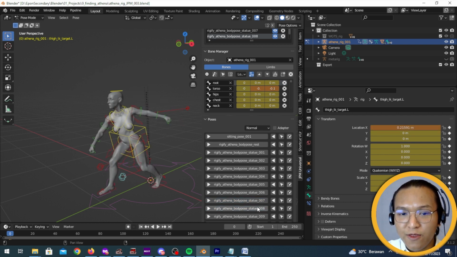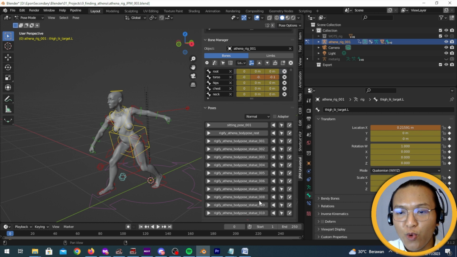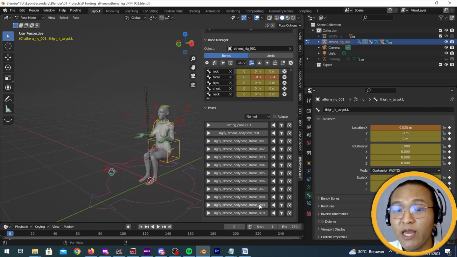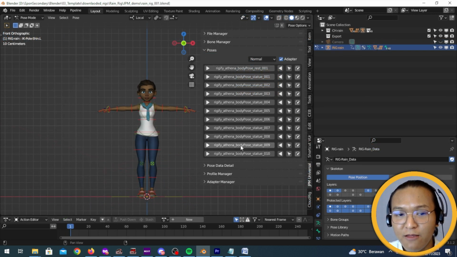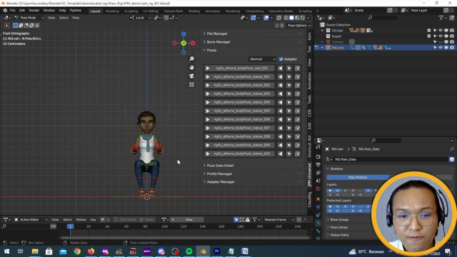Now, with the universal version, we only need to make the sitting pose or any other poses once. Remember those 10 poses I've created for the Athena rig? This pose 9 is the sitting pose for my Athena rig. And now I can use that in this rain rig.